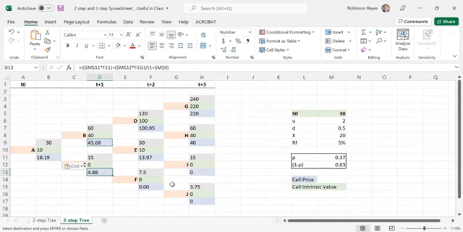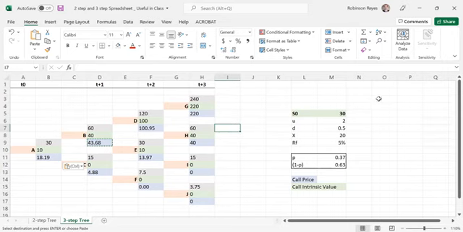The only nodes in which we consider the intrinsic values are D, E, and F, when we look at the possibility of the stock moving up or down. And it is because the price of the call option at this node is exactly the same as the intrinsic value. If we notice that, that's what we have done, right?